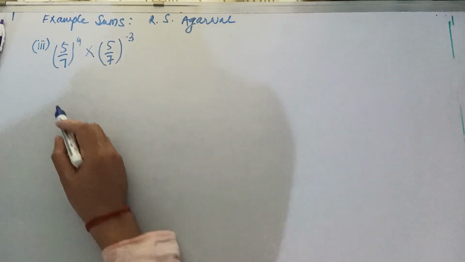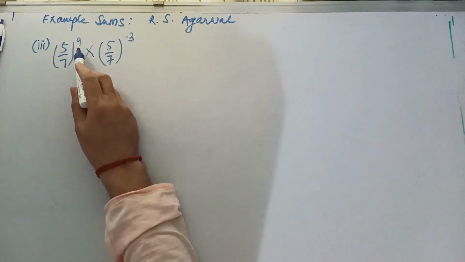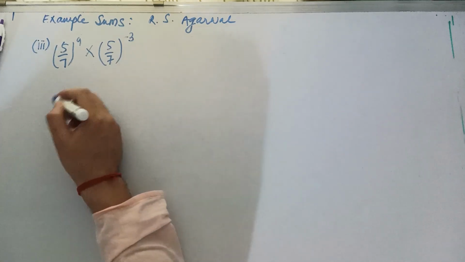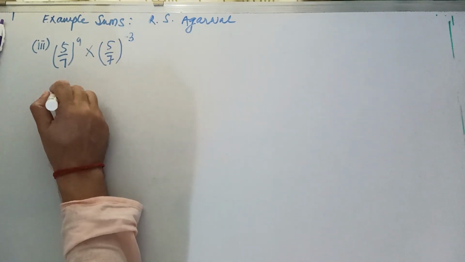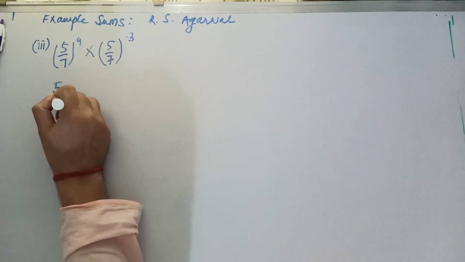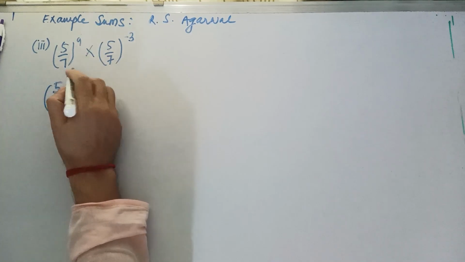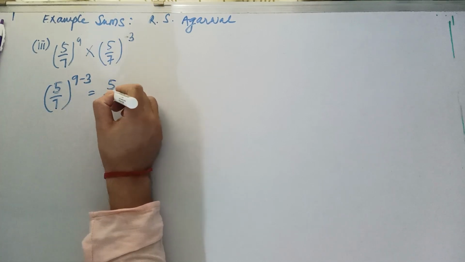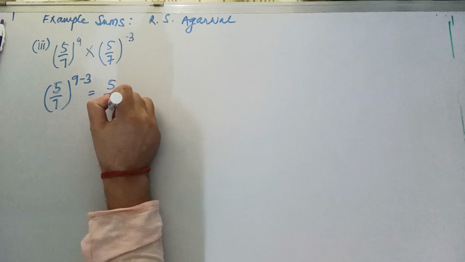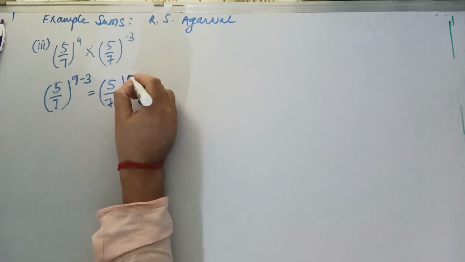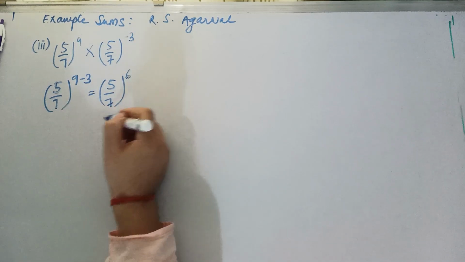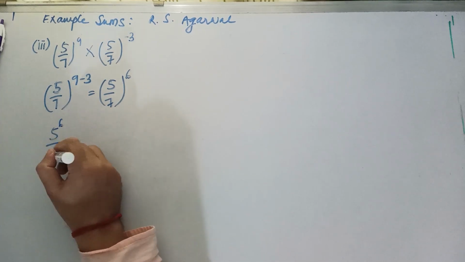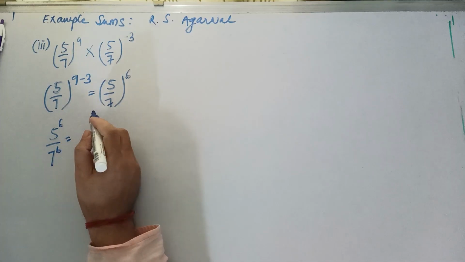Okay, so the question here is 5/7 raised to 9 and 5/7 raised to -3. The base is same, so we can write 5/7 raised to, the powers will get added, so 9 minus 3, which is 6. Now 5 raised to 6 is how much?